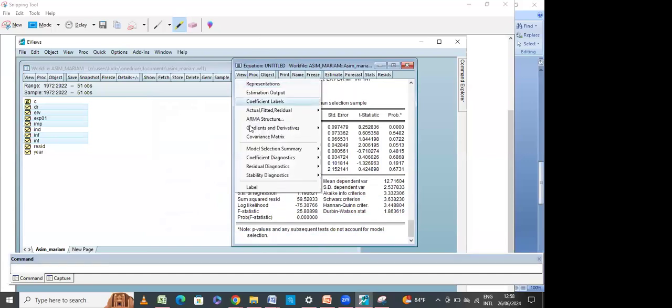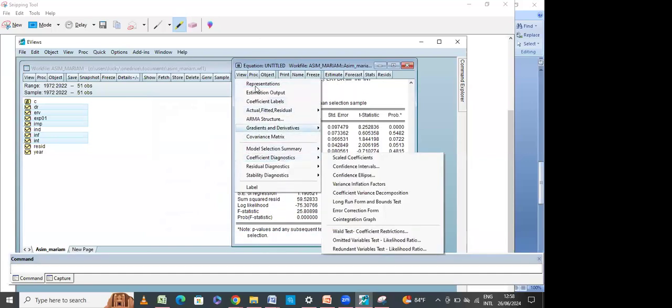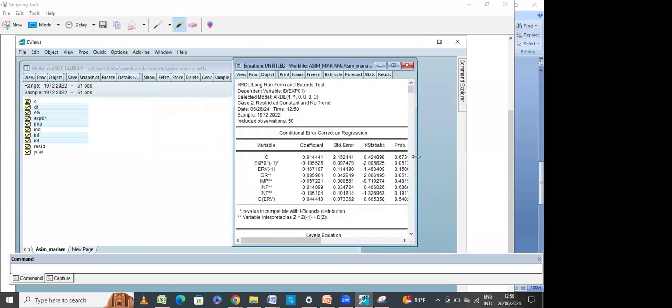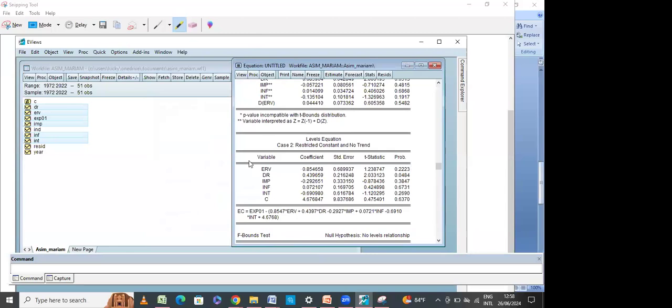And then I go to the views, coefficient diagnostic. Why coefficient diagnostic? Because I'm going to check the coefficients of my long run and short run. And I click on the long run and bound test. And here it is showing my long run estimations.